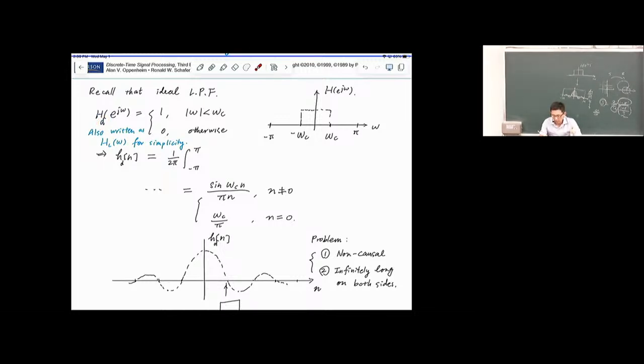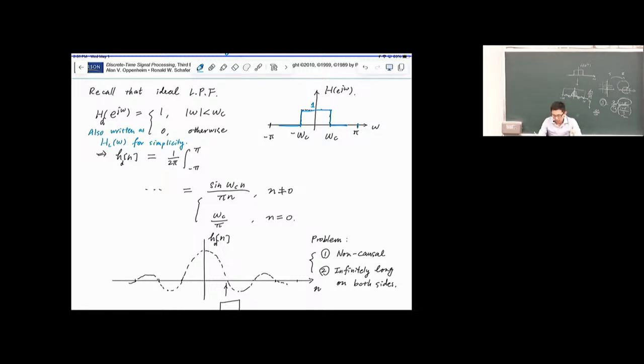The desired response is 1 in the passband and 0 otherwise. There's no transition; ideally, the ideal filter does not have any transition. To sketch the frequency response, it's 1 in the passband and 0 in the stopband. The stopband is from the cutoff frequency to pi. Simple enough.